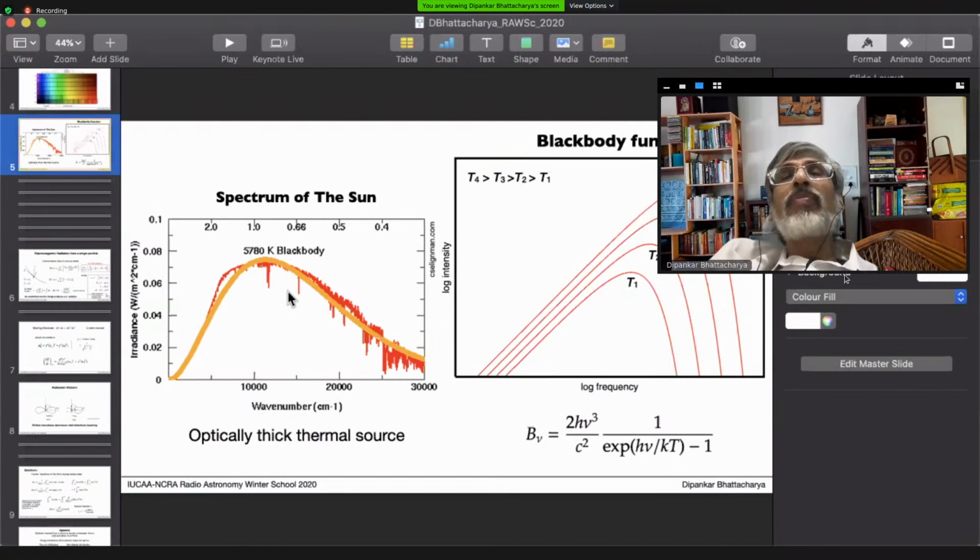The point at which you hit optical depth equal to 1 is now located at a larger radial distance from the center of the sun than if the line of sight was going directly to the center. And since the temperature decreases outside, the temperature at that slightly outer radial point will be smaller than for the direct line of sight.